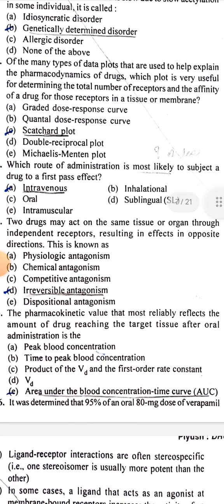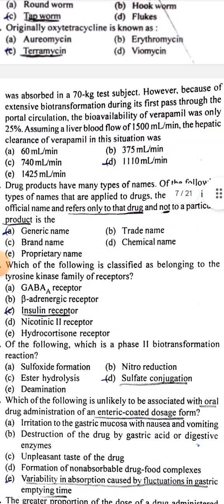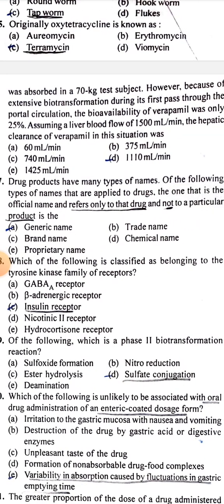The pharmacokinetic value that most reliably reflects the amount of drug reaching the target tissue after oral administration is area under the blood concentration time curve, that is AUC. It was determined that 95% of an oral 80 mg dose of verapamil was absorbed in 70 kg test subject.